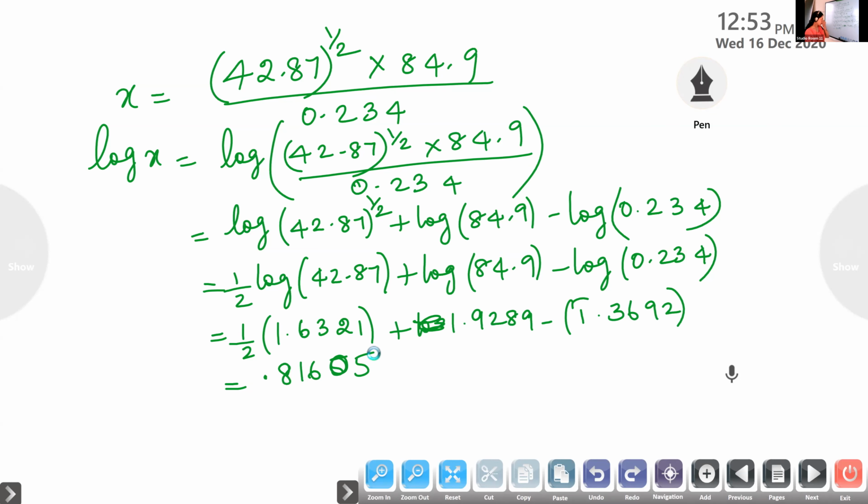Is it correct? 2 sixes are 12, carry 1, then 3, and so on: 0.81605. Plus 1.9289, and minus of bar 1 will become plus 0.3692. So now let's add these numbers, okay?